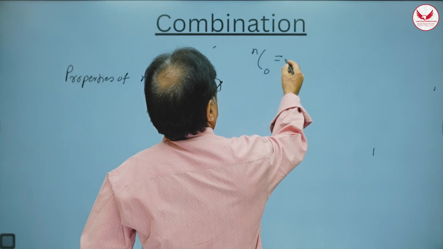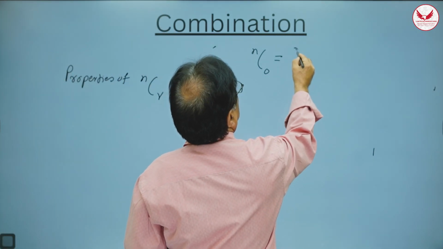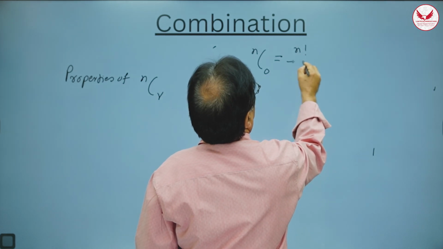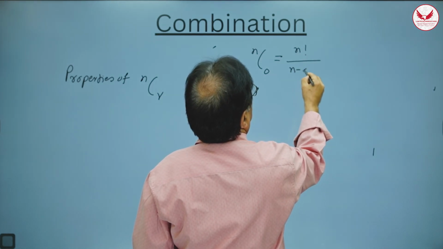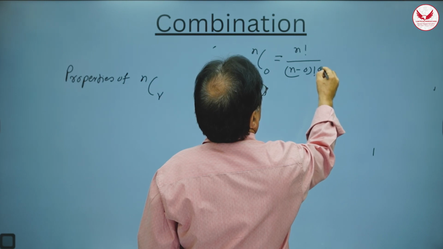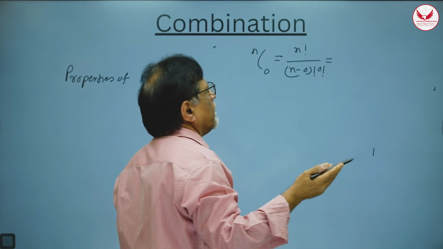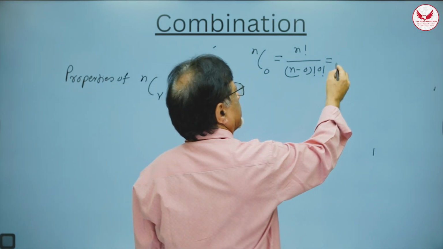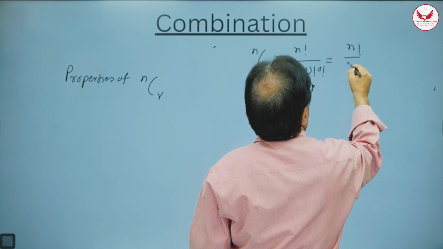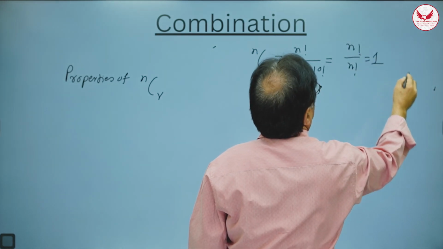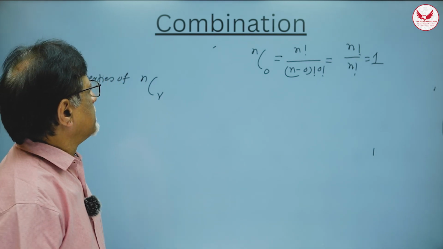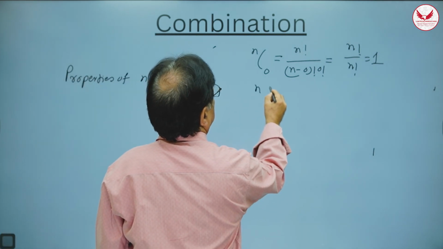So therefore, NC0 is actually 1, and it can be done by formula also: n factorial divided by (n minus 0) factorial into 0 factorial. I already told you 0 factorial is only 1. So this becomes n factorial upon n factorial. Answer is 1. Correct?